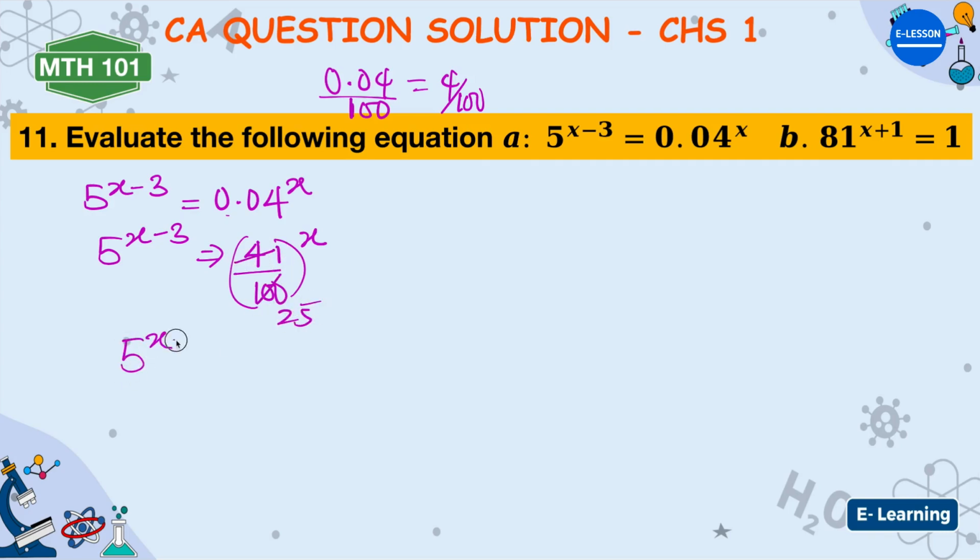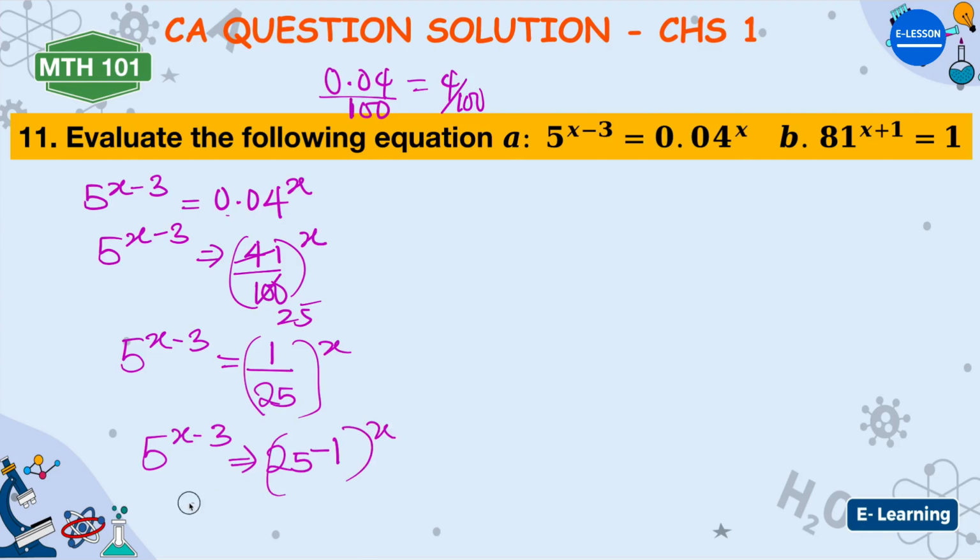Here 4 over 100 simplifies to 1 over 25. So 5 to the power of x minus 3 is 1 over 25 to the power of x, which is 25 to the power of minus 1, all raised to x.